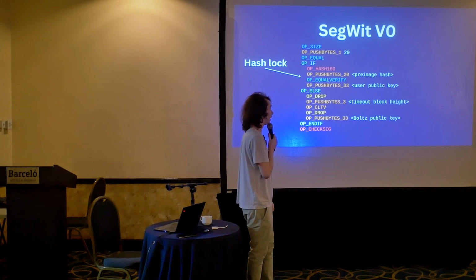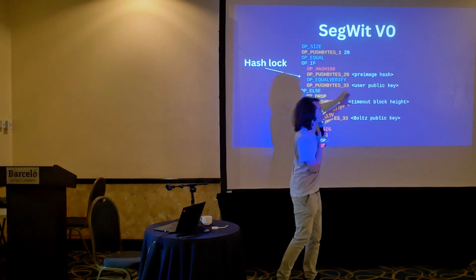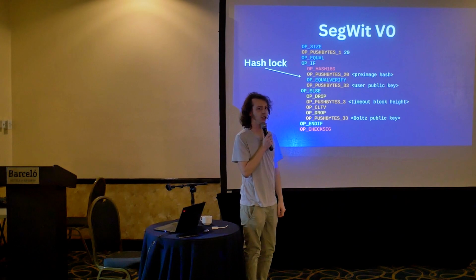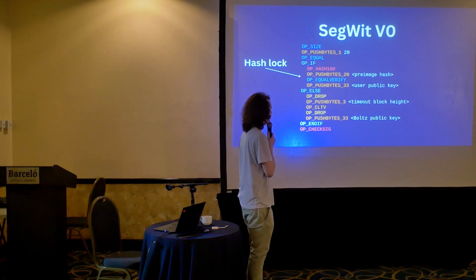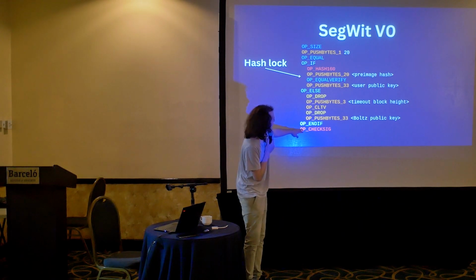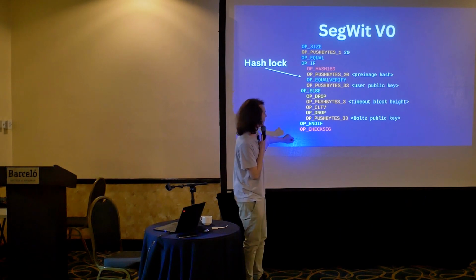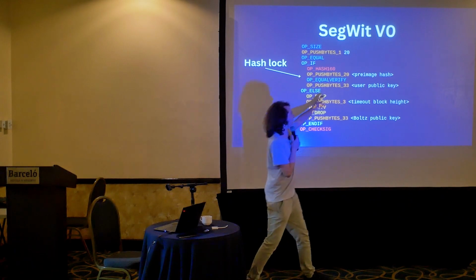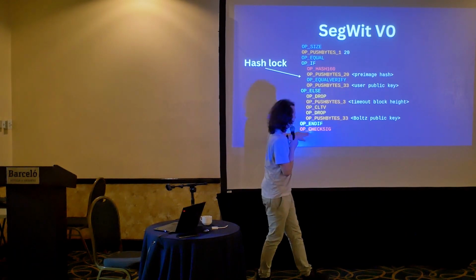And if that's also the case, we push the public key of the party who is supposed to claim the HTLC on-chain onto the stack. In the very end, after we end the if-else statement, we use an OP_CHECKSIG opcode, so we take this public key and verify the signature.